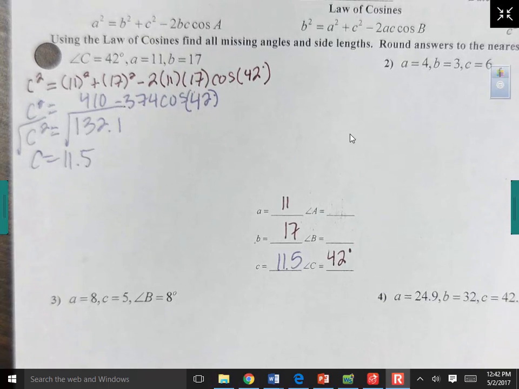Okay. What do y'all want to find next? Angle A or angle B? B, okay.